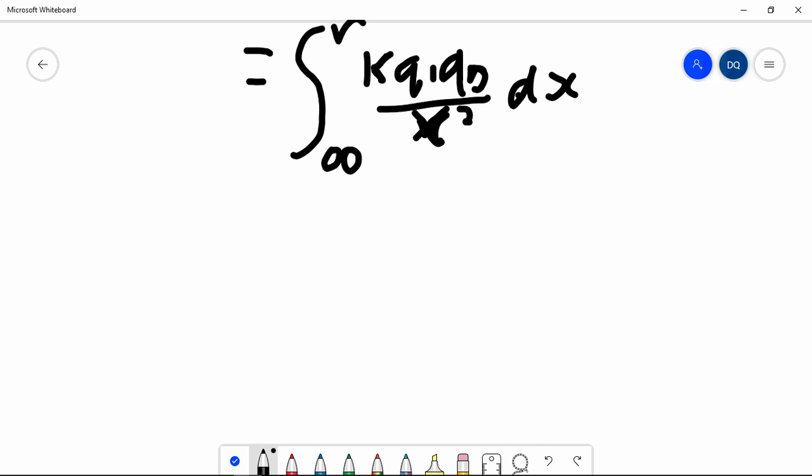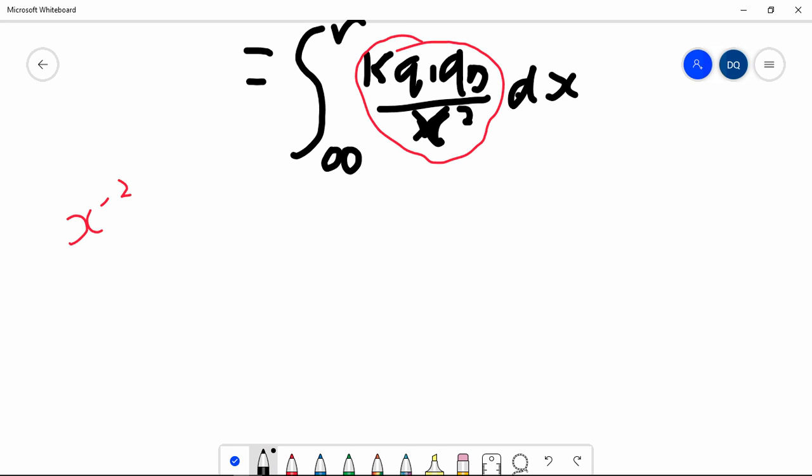So perhaps you remember, as we developed this from gravity, the way we deal with these is we take a good look at this function and we try and imagine what is that the derivative of. So think of a function of x that has k q1 q2 over x squared as its derivative. If you write that out, 1 over x squared is the same as x to the negative 2, it makes it a lot easier to guess what that would look like.